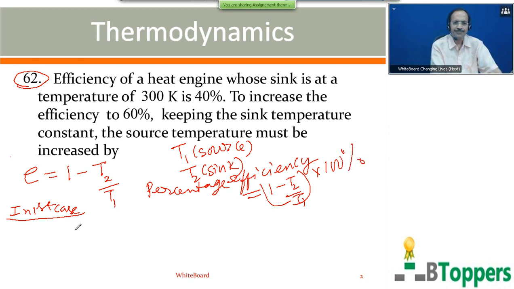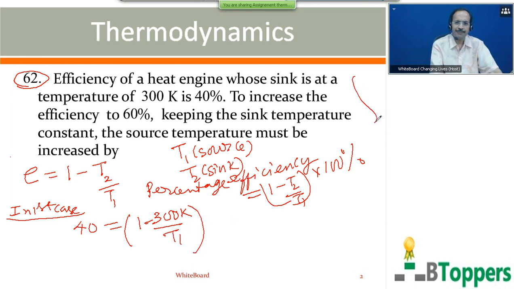So in the first case, the efficiency is 40%. And let T2, the temperature of the sink, be 300 Kelvin. Temperature of the source, let it be T1.